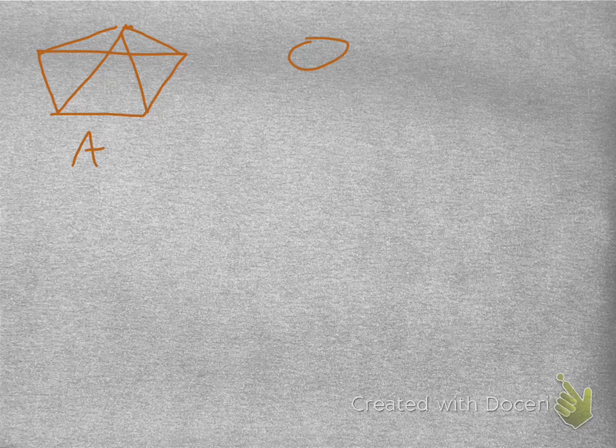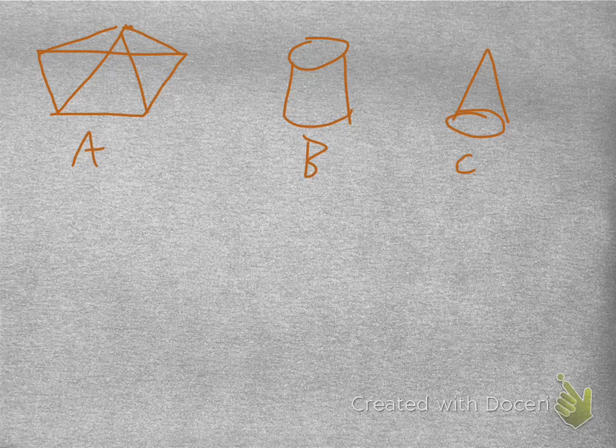Number 10. A looks like this. B. C, and D. All right. So, what is the name of A? What do you think?